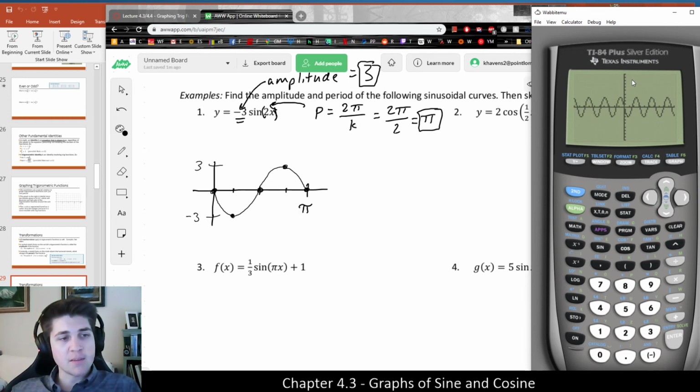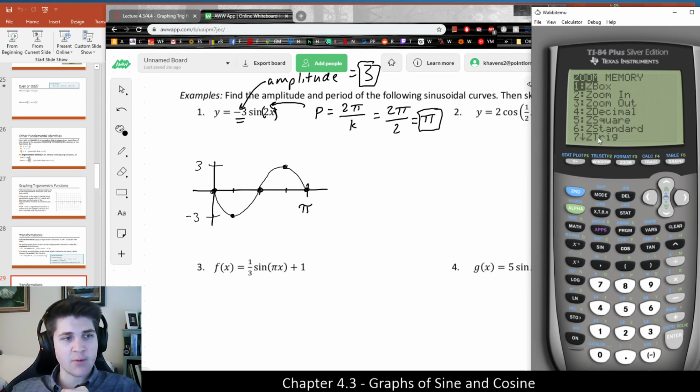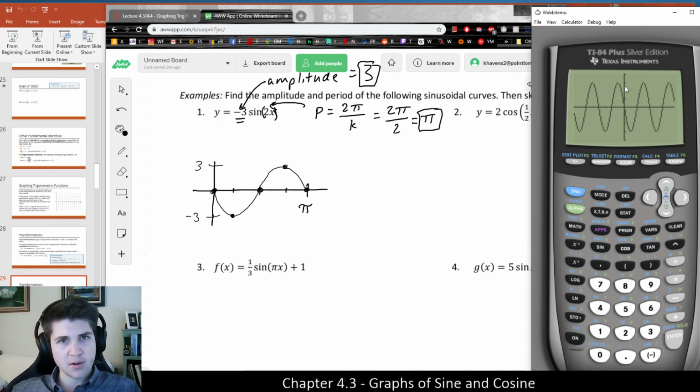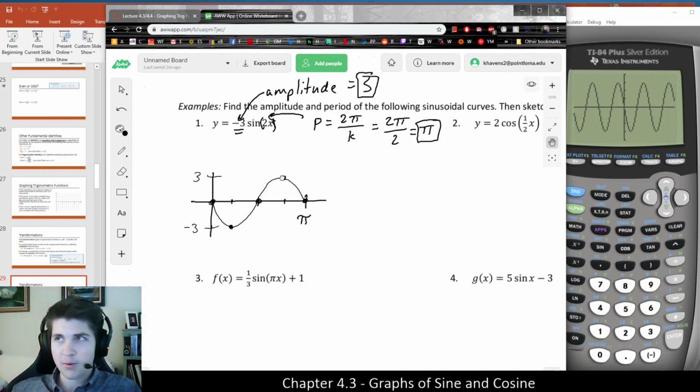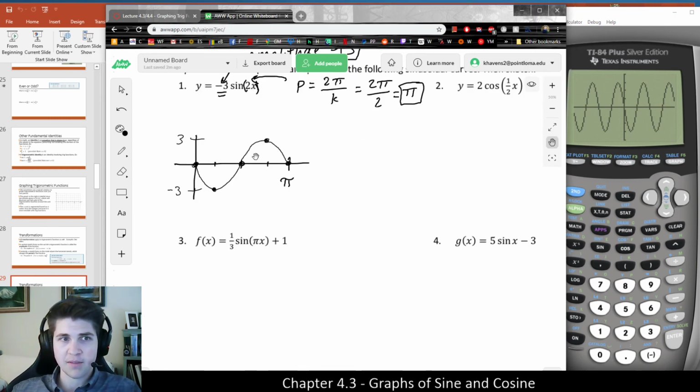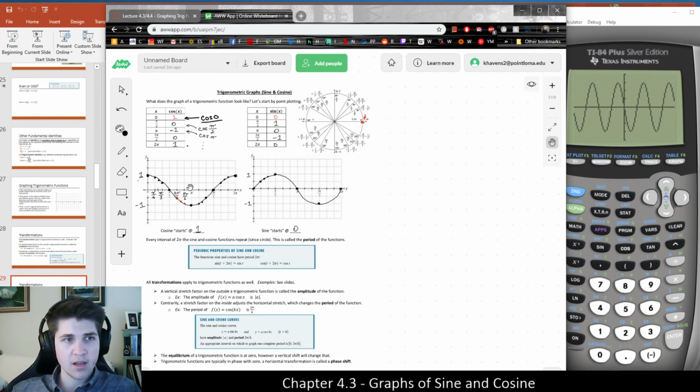Another point I wanted to mention is that your calculator has a trigonometric window programmed into it. If you go into Zoom, and look at number 7, notice it says Z-trig, which is like a standardized trigonometric window, which I wanted to show you what that looks like. It will actually decrease the amplitude. Notice that the range is now set from negative 4 to 4, just like the same graph that we were looking at when we were graphing cosine on the previous page.